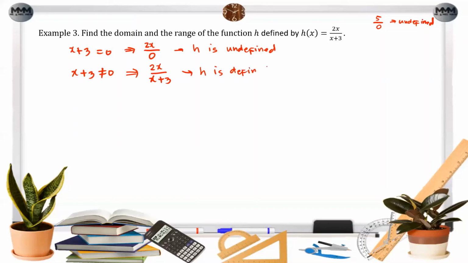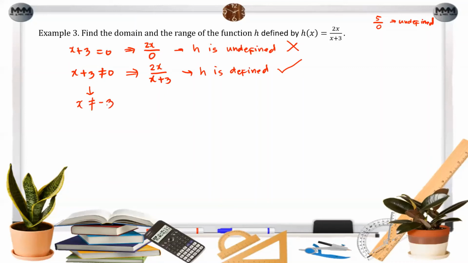Follow? Now, again, for the domain, we are looking for the values of x where the function h is defined. Therefore, we will not consider that one, rather, we will consider when x plus 3 is not equal to 0. So let's solve for x to find the domain. We move 3 to the other side and copy the not equal.